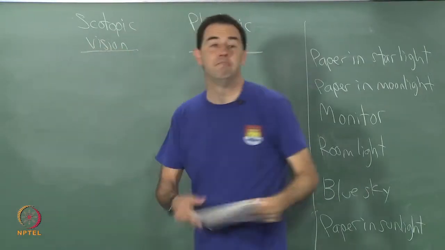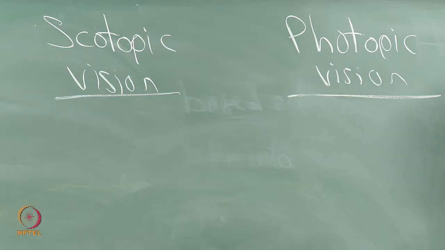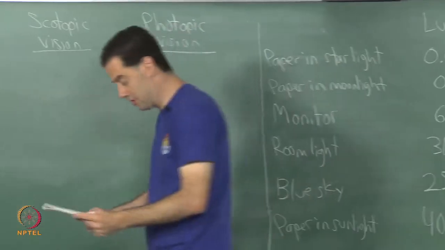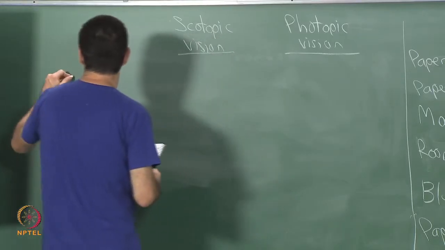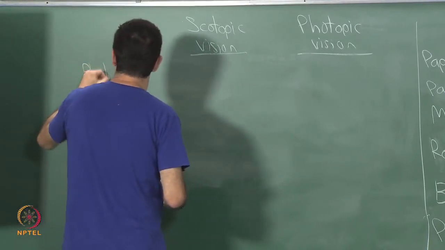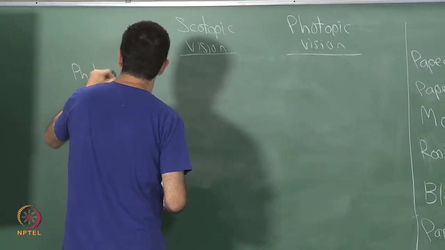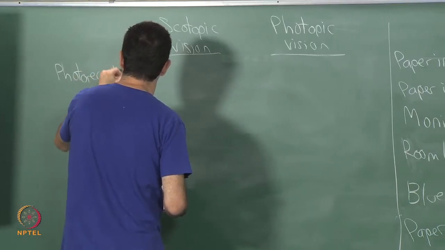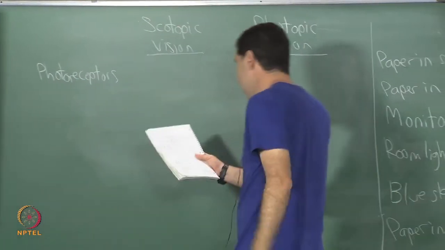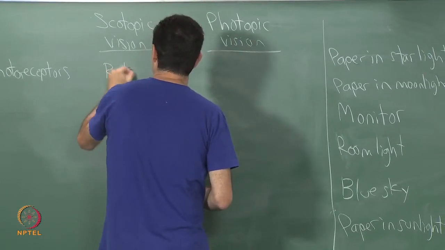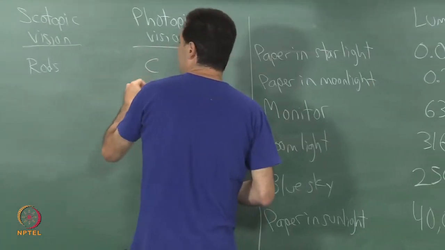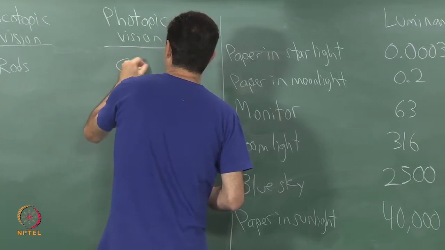So these are two different modes of vision operation that we have. Two different kinds of modes that our vision systems get into. The dominant photoreceptors for scotopic vision are the rods, and the dominant photoreceptors for photopic vision are the cones.